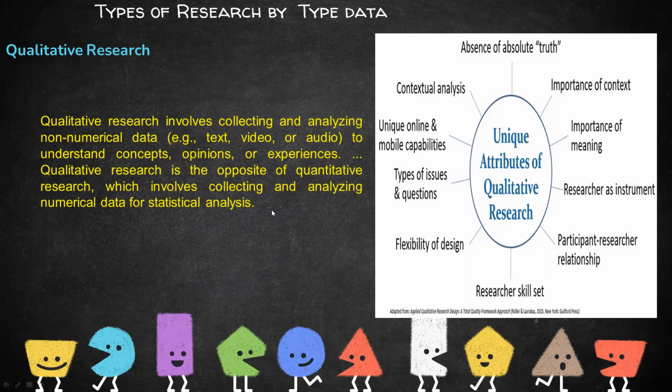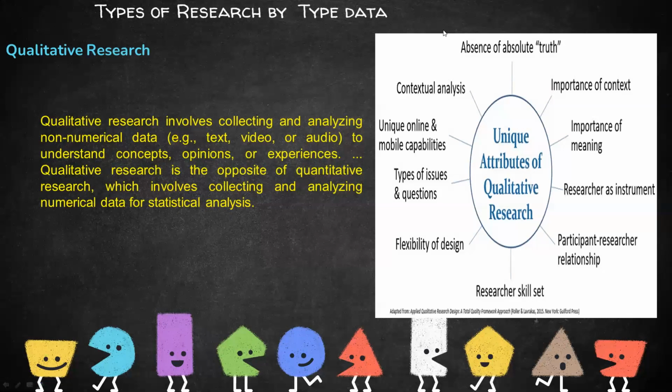So quantitative research collects and analyzes the quantitative data, like out of 100 users, 40 users are coming daily to the library. But here we can say that qualitative research means these are the users who are satisfied with the library. So like that we can compare quantitative research and qualitative research.